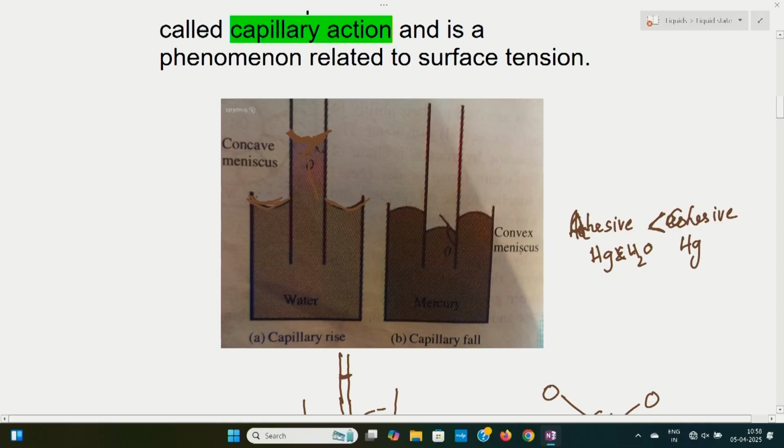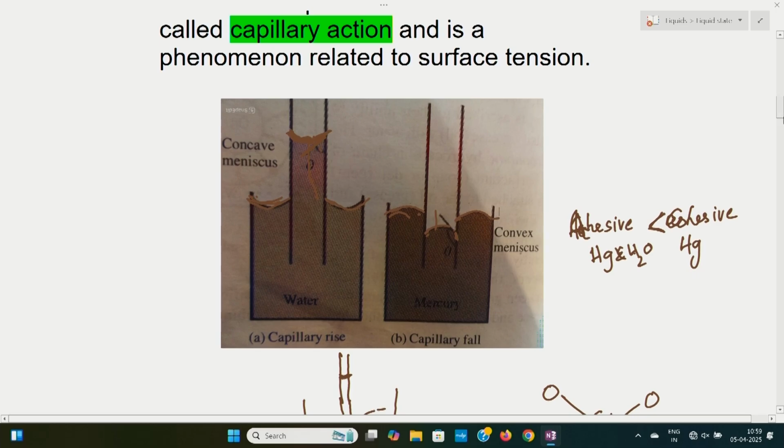Here we are getting a convex meniscus. That means the center will be upward and the edges will be downward. Because of this strong metallic bonding, the mercury in the beaker also will get some concave meniscus here.